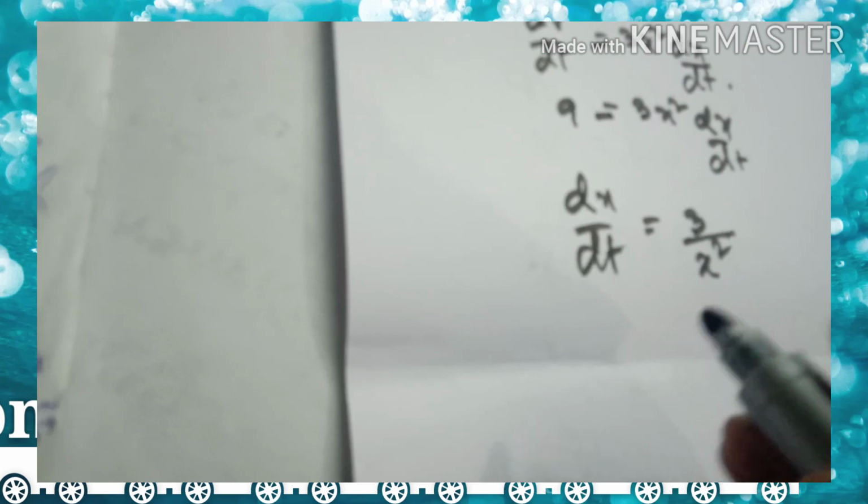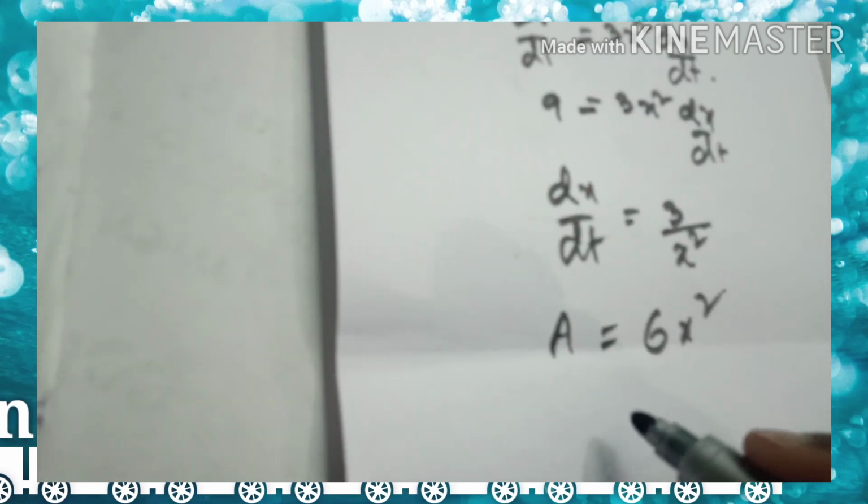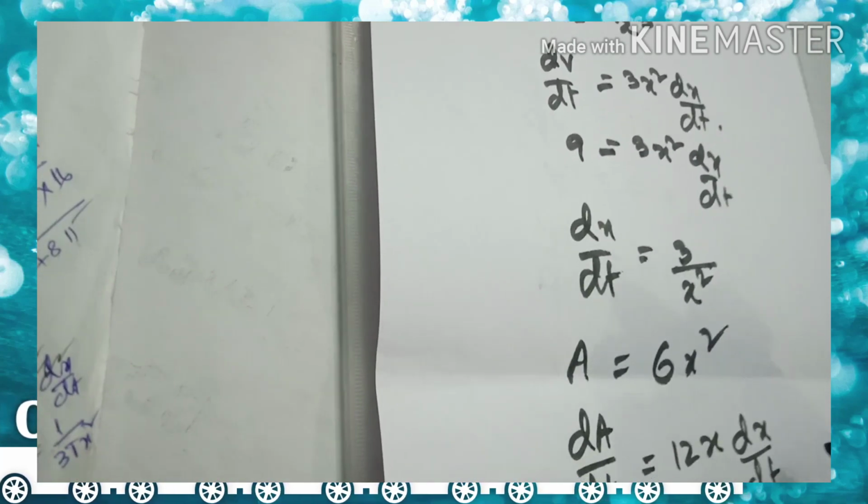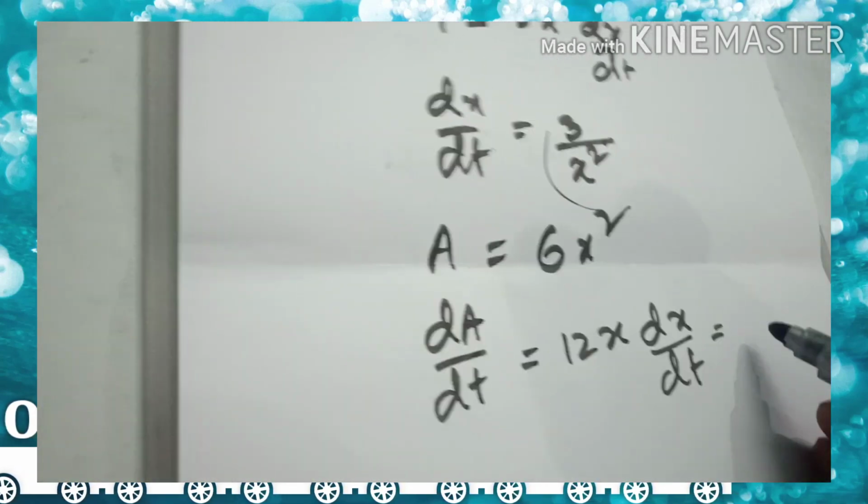Now what we have to find in this question is change in surface area. So let A equal to 6x square, because surface area of a cube is 6 into side square. So dA by dt will be equal to 12x dx by dt, and dx by dt we have already calculated, that is 3 by x square.